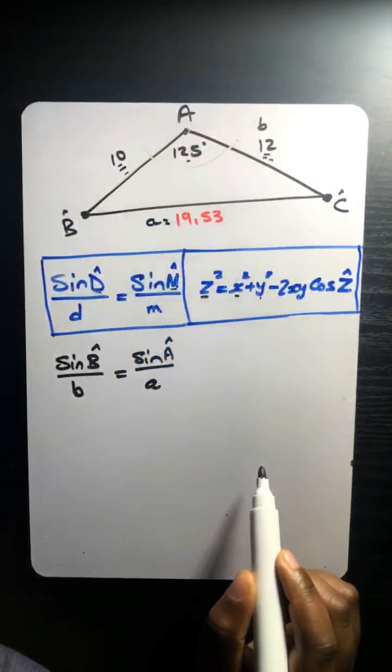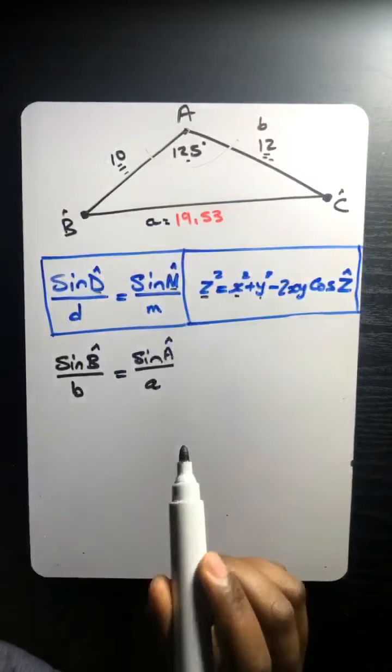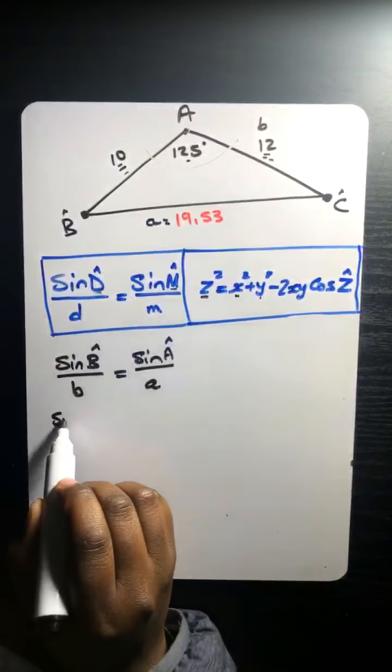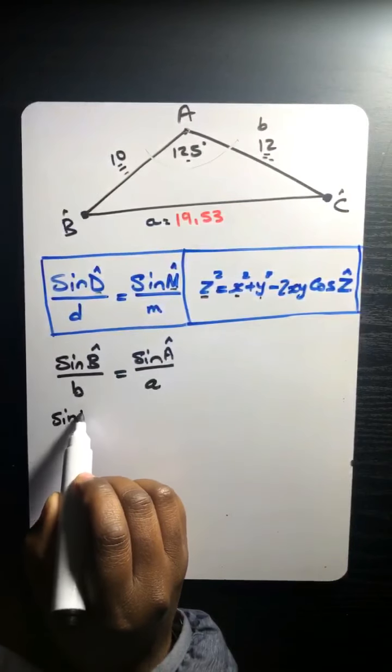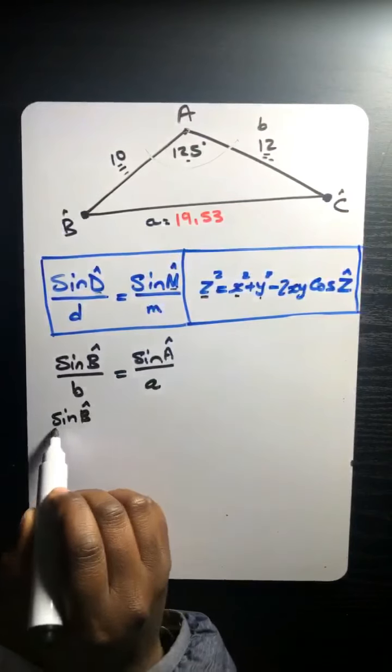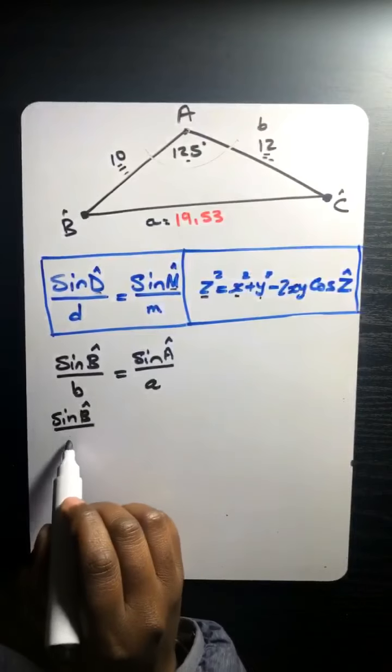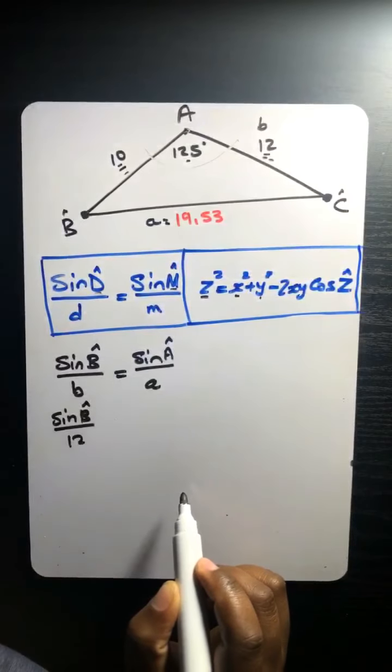So let's try to substitute. So we've got sine of angle B over, what is B? B is 12. And remember, guys, very, very important.